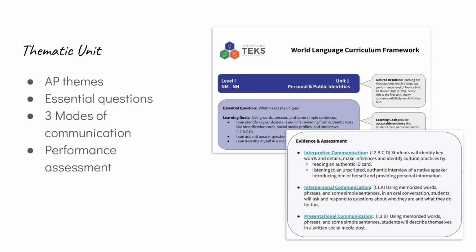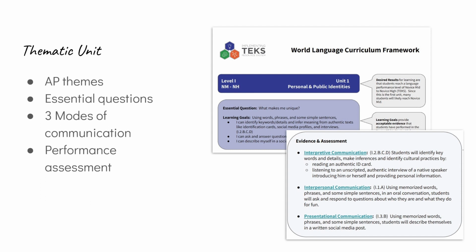You may have heard of some of these before. Essential questions drive the instruction around these themes because instead of just learning words and only the language, we really want students learning more and developing an understanding about what it means to be a human on this planet. And what better way to do that than through language study?